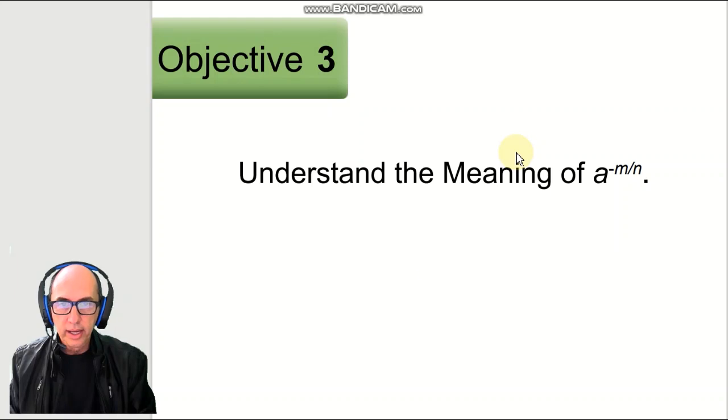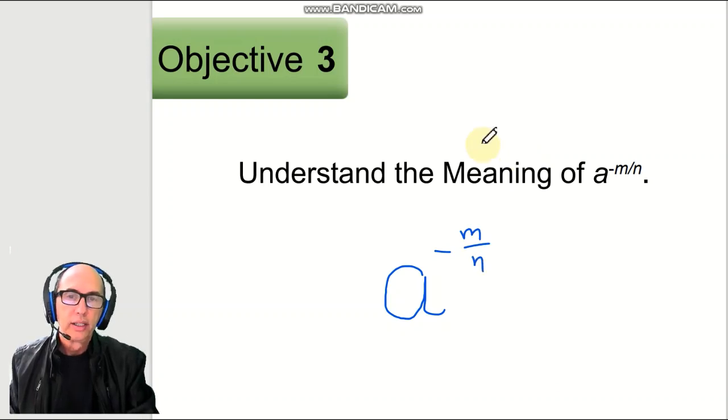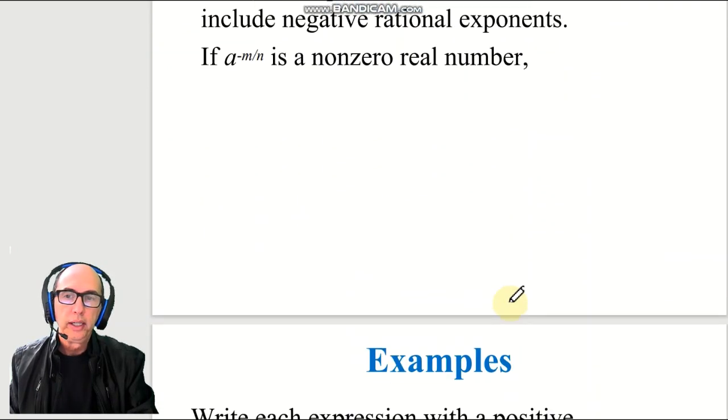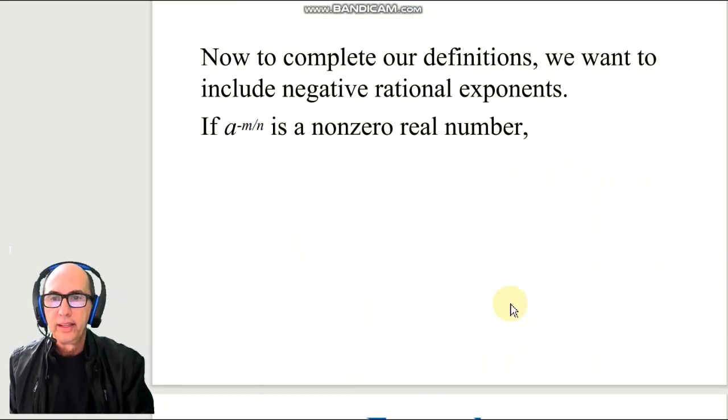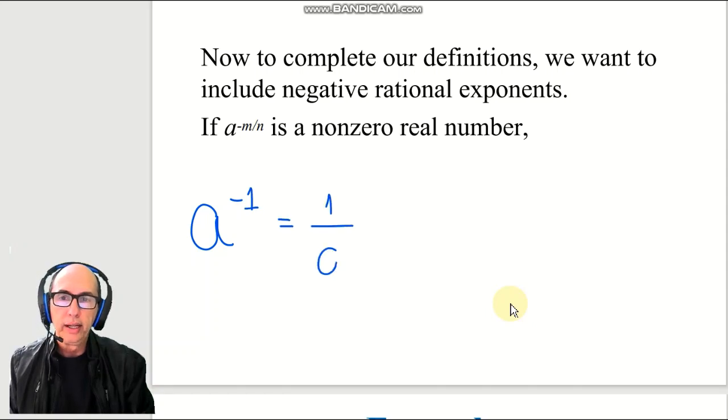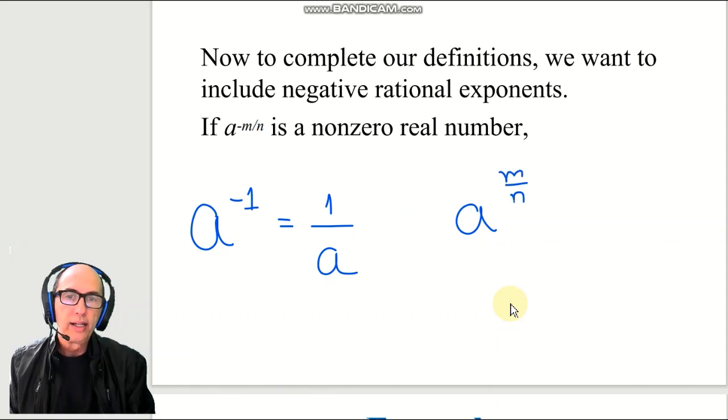Another thing to understand is the meaning of a to the power of negative m over n. Look, we know that a to the power of negative 1 is 1 over a. A to the power of m over n is the same thing as nth root of a^m.